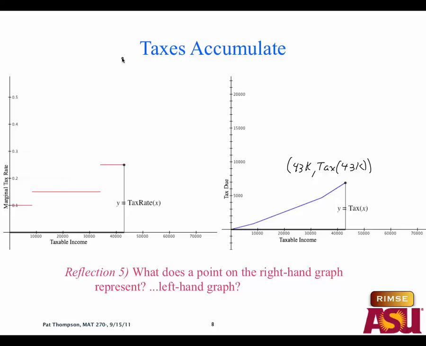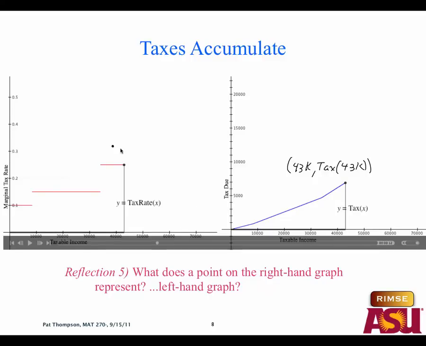What's the Y value for this one? 0.25 in the third bracket, right? So 43K and 0.25, which is also the tax rate of it. If you want to represent it with function notation, it'd be tax rate of 43K. That's right. But we know this number, so I can put that number down.